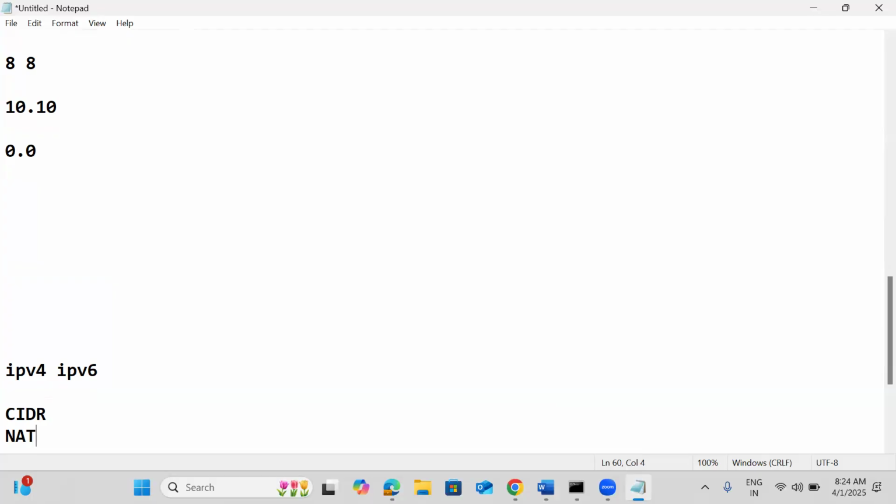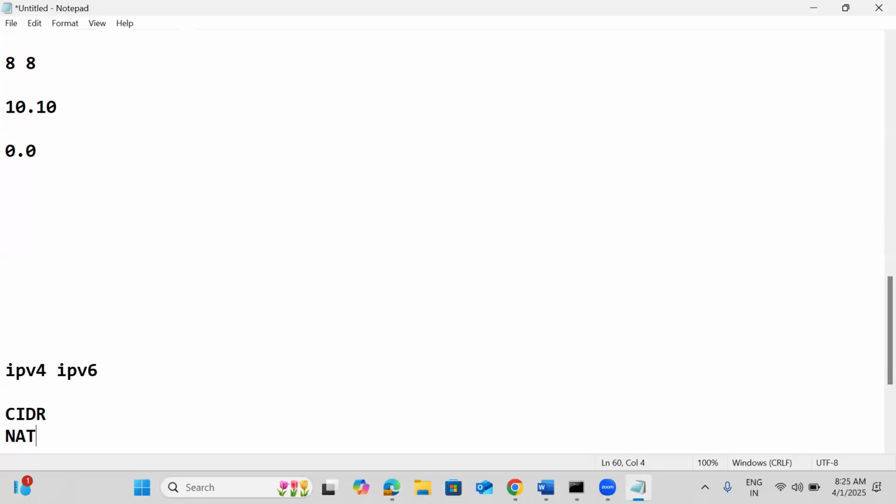The concept of NATing is network address translation. For the public, if I am not getting an IPv4 address, then I may use an IPv6 address, but internally it is translated. So NAT is used for routing public to private and private to public.